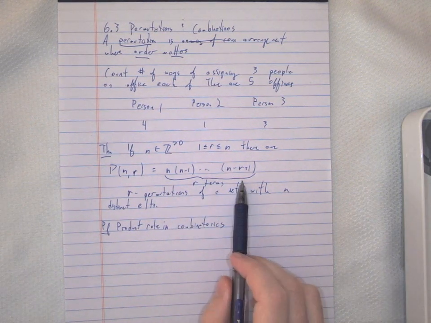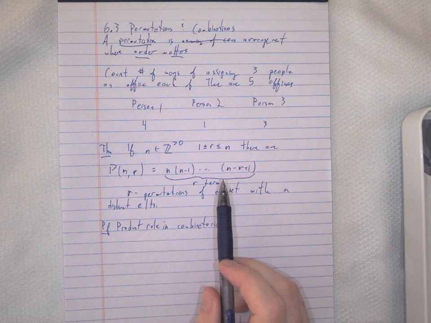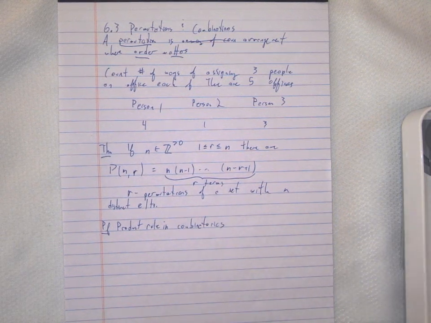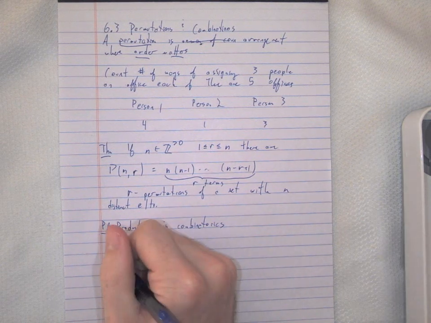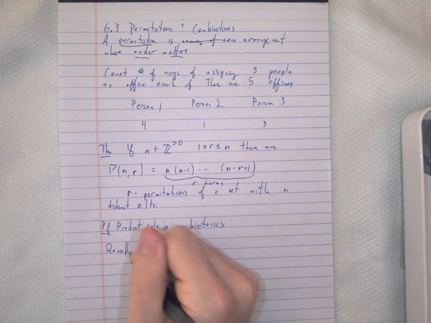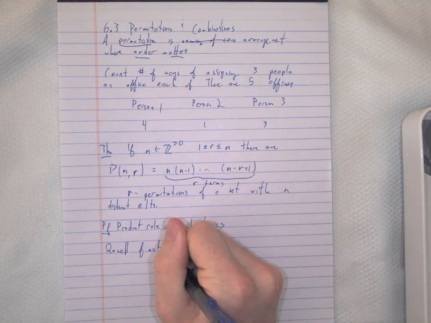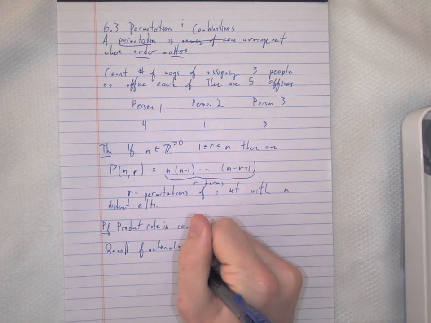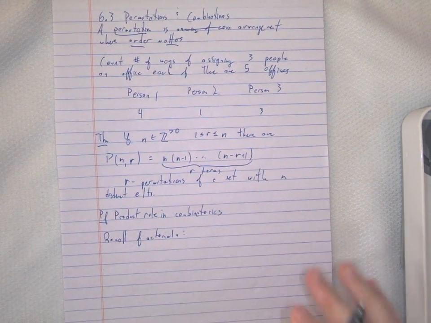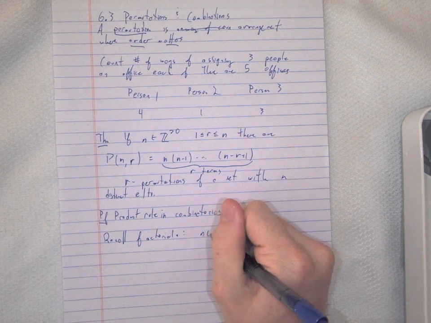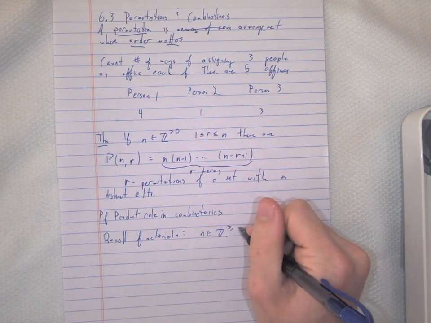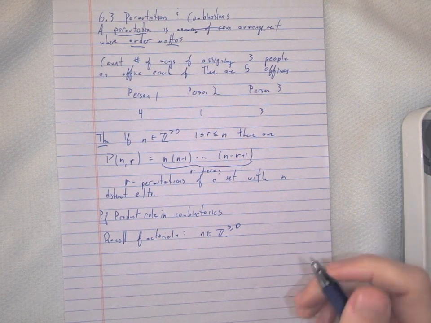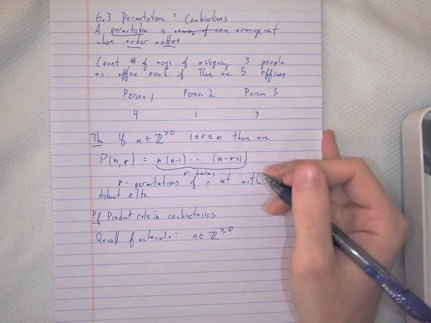So the point is that I want to write this in a manner that will be helpful when we start looking at combinations. So recall factorial notation. If I have n in Z greater than or equal to 0, I'll make two cases.